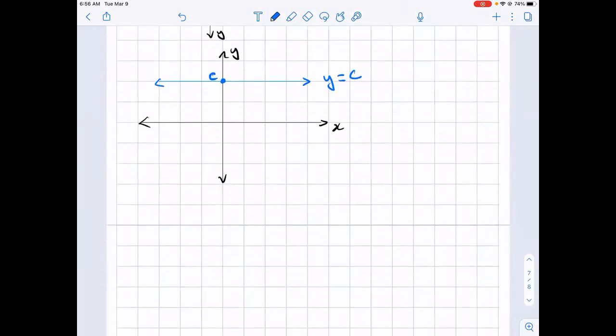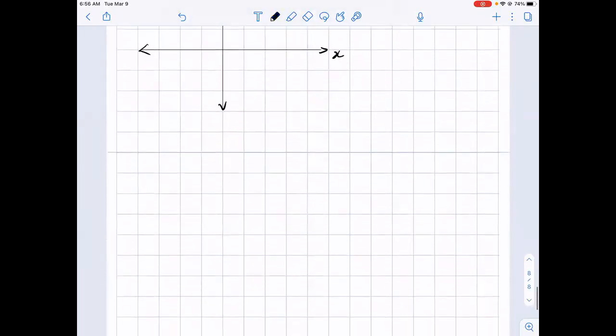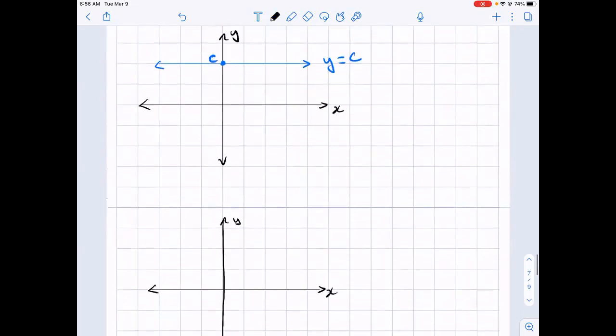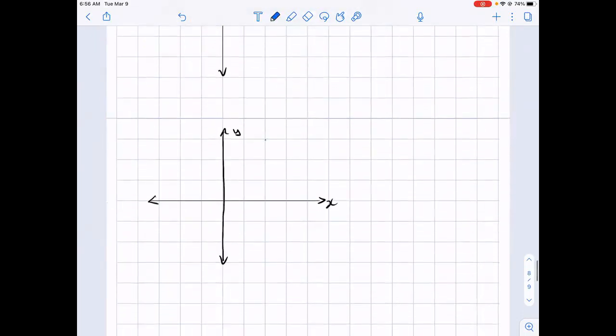And then we have the vertical line. Remember the equation for a vertical line, if this point is c, is x equals c.